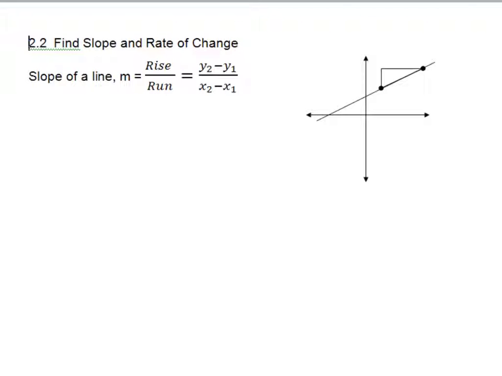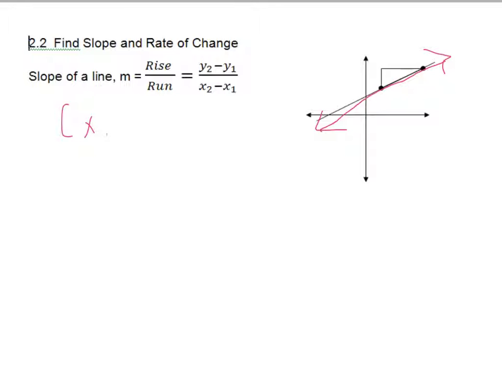Okay, so then we are moving on to slope. We've been talking about linear functions a little bit. When we talk about linear functions, we like to look at how quickly those lines are changing. So we're looking at the slope of a line, which is the ratio of its rise, vertical change, to its run.